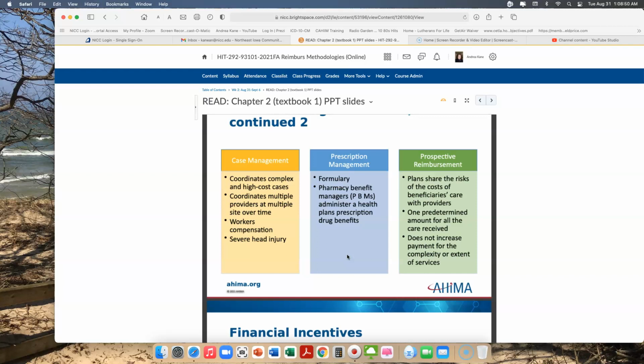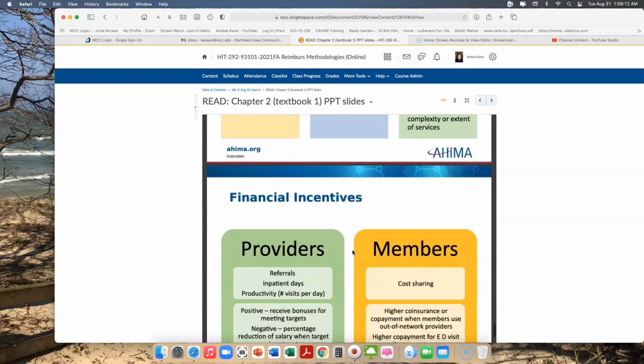So the more times the provider sees the patient, the less chance they have of making a profit. So it really incentivizes them to utilize their skills and abilities with the patient to keep them healthy at home, and does not increase payment for the complexity or extent of services.